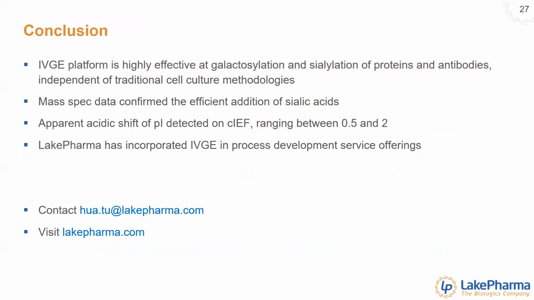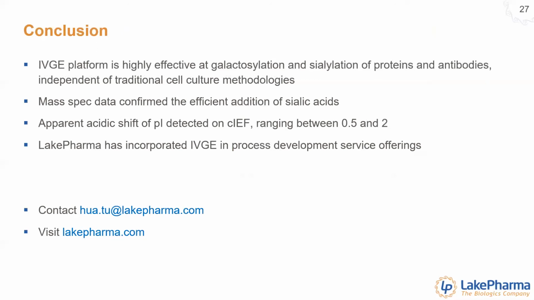So in conclusion of this study, we believe that the IVG platform is highly effective at the glycosylation and sialylation of proteins and antibodies. And because this is done in vitro after the protein is purified, this really enables us to do this all independent of the traditional cell culture methodology in controlling glycosylation.